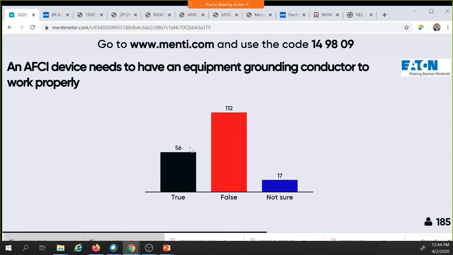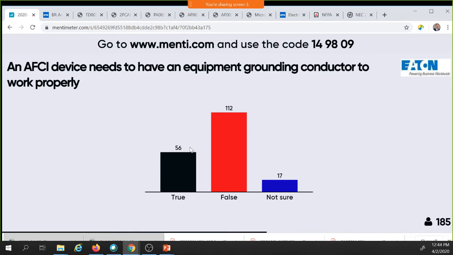Thank you for that last minute vote. And I still haven't told you the answer. 112 said false, 56 said true, and 17 aren't sure. So the 112 is correct.